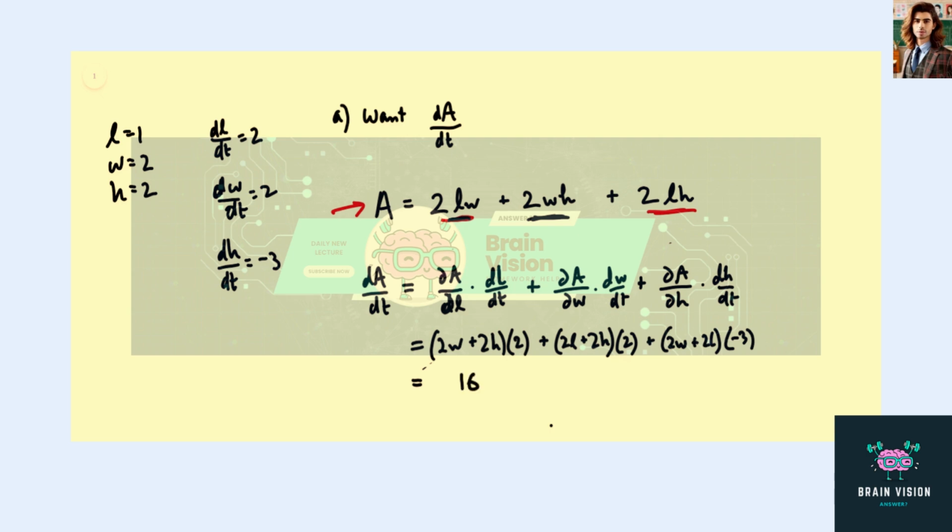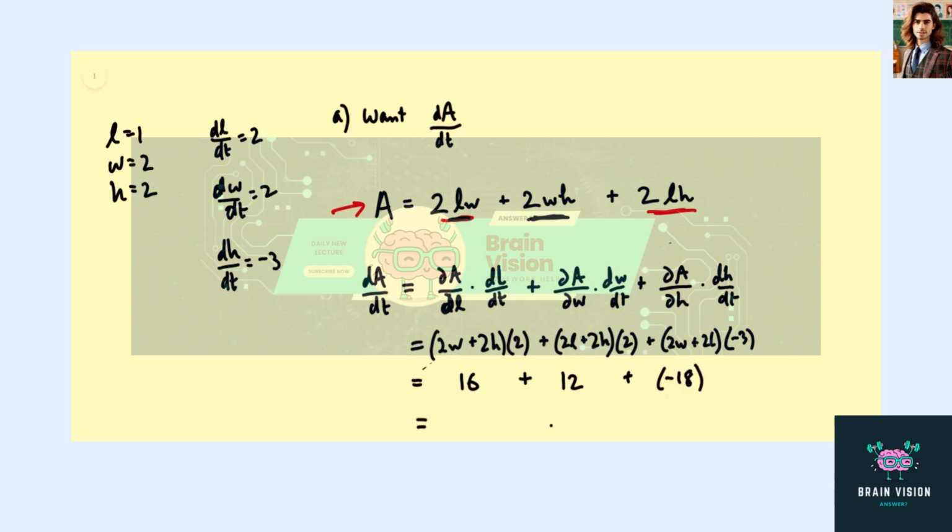4 plus 4 is 8 times 2. That should give us 16 from the first term. L is 1, H is 2. So we got 2 plus 4 is 6, times 2 is 12. And for this third one, W is 2, so that's 4. L is 1, that's 6 again, times -3 is -18.